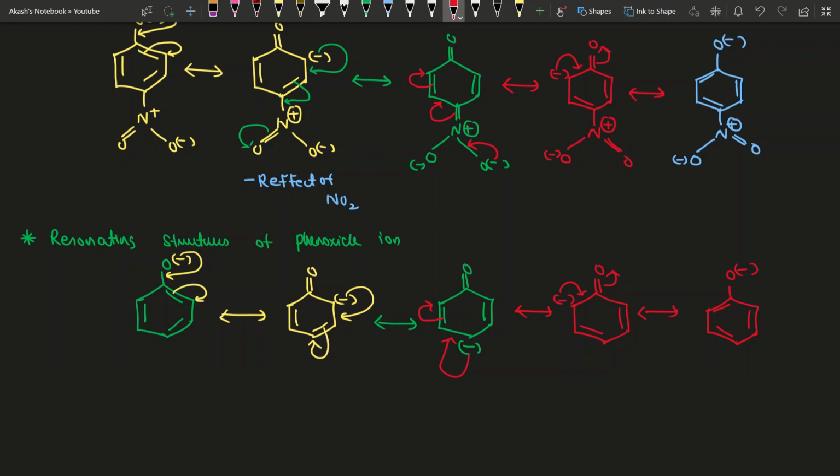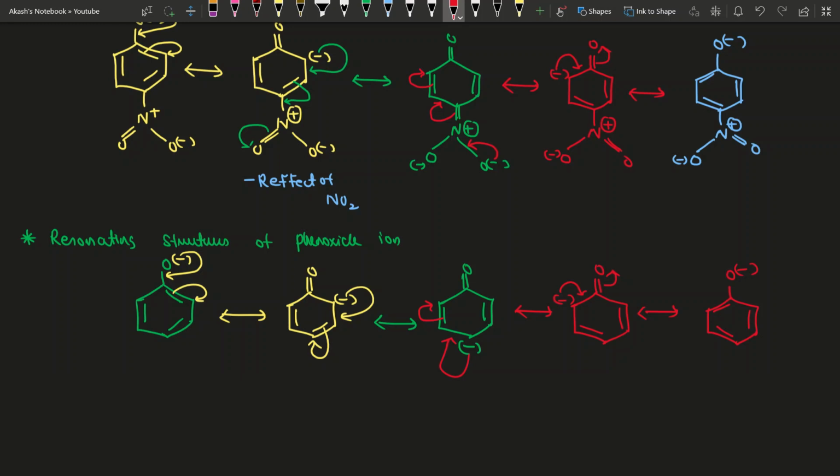Such stabilization is possible for ortho-nitrophenol as well as para-nitrophenol. That is why the ortho-nitrophenoxide ion as well as the para-nitrophenoxide ion is more stable than the phenoxide ion. Since such phenoxide ions are more stable, they will be more acidic in nature.